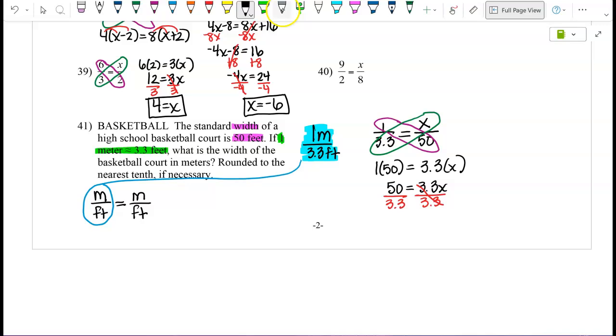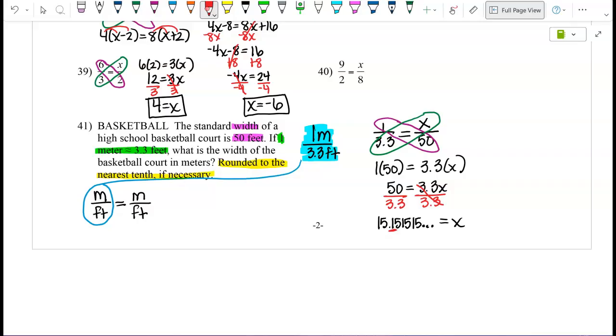Now, they also do tell me round to the nearest tenth if necessary. So when I do 50 divided by 3.3, I get 15.151515 and so on equals x. But they said the nearest tenth, which means I'm only going 1 decimal place.